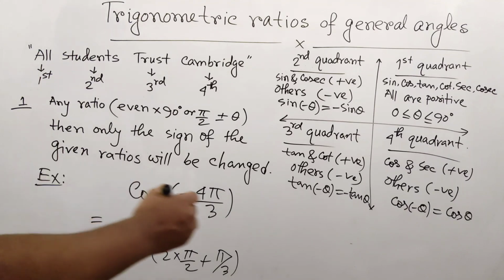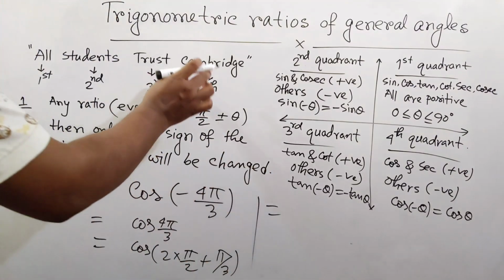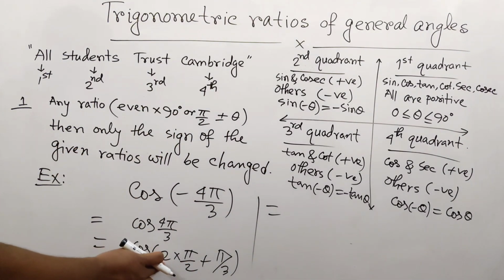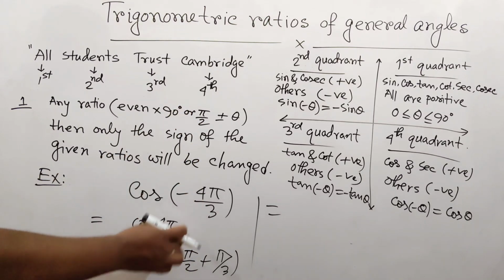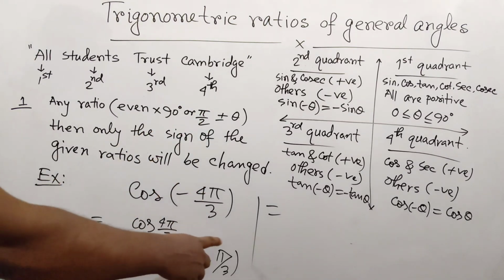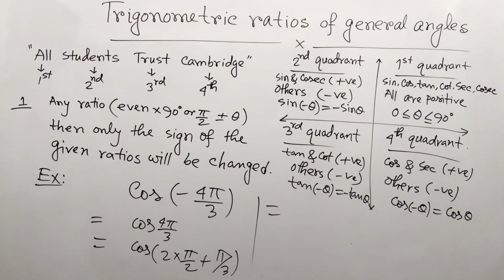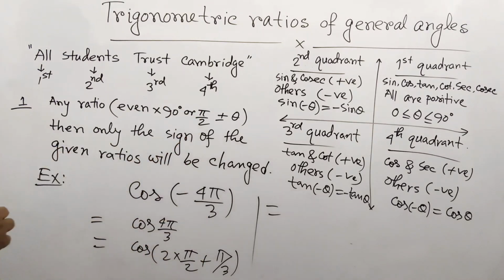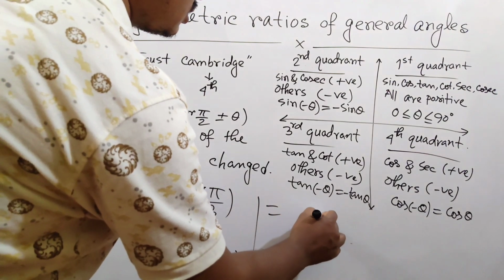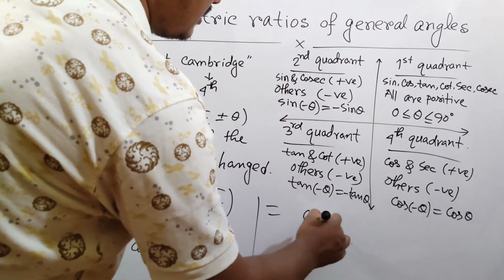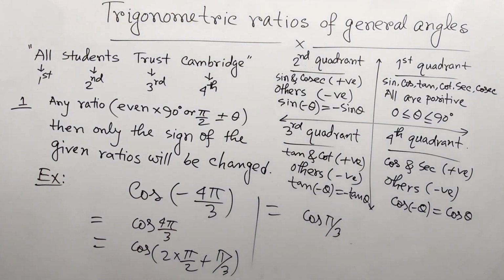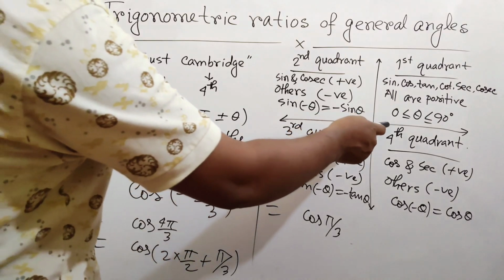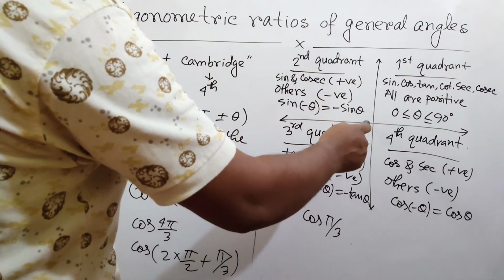According to my rules, it is an even multiple of pi by 2 plus pi by 3, and I told you that if it is an even multiple of 90 or pi by 2, the ratio will remain the same, so it should be cos pi by 3. But now the question is positive or negative. Look at it: 2 pi by 2 plus pi by 3.